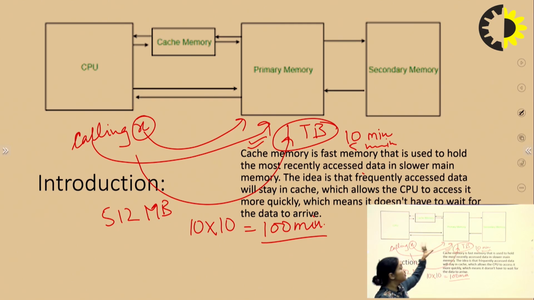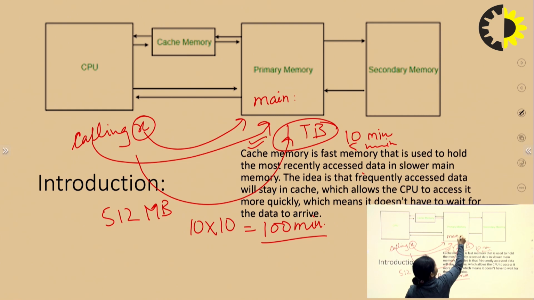What will happen is, the first time the CPU asks for the X value, it will go to the cache memory. It is not there, so the request will go to the main memory, and then it will be executed.